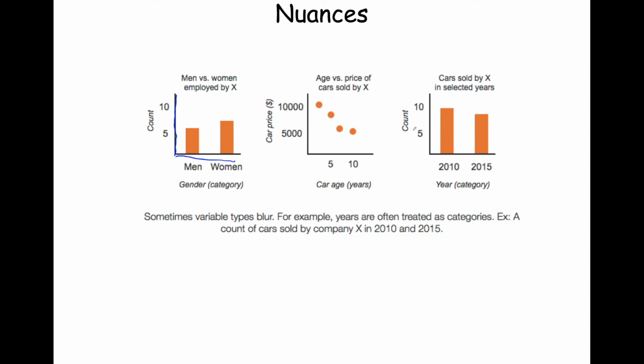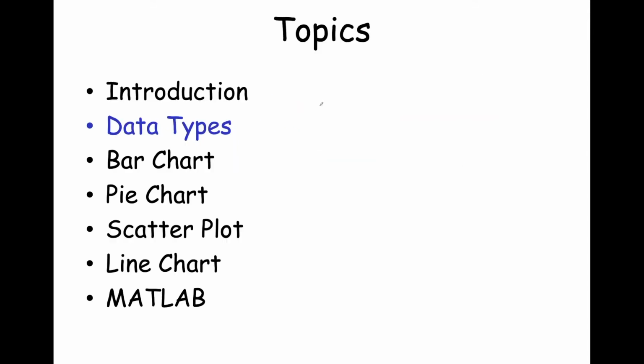Those are numerical values, they're quantitative, and they are discrete. And so there are some instances where you have nuances, and these nuances concern your variables blurring their definition. You have numbers, numerical values, sometimes treated as if they were categories.